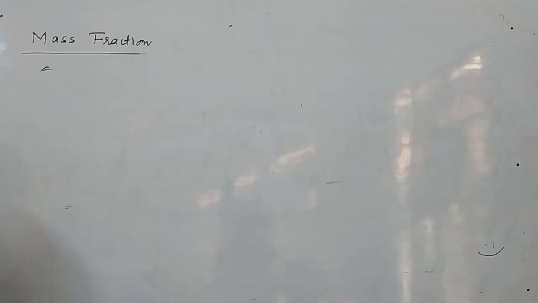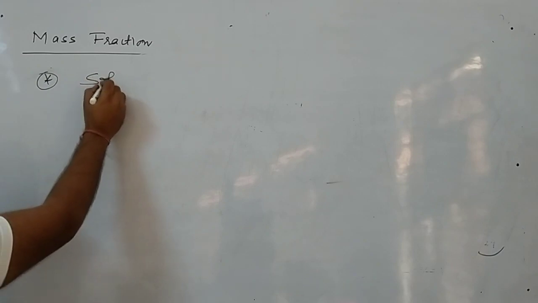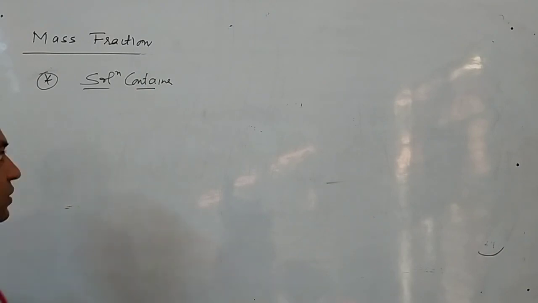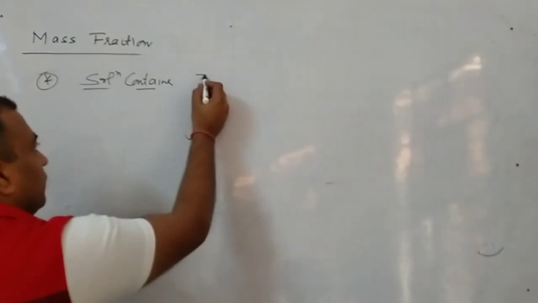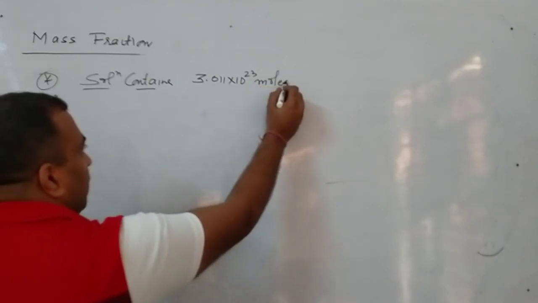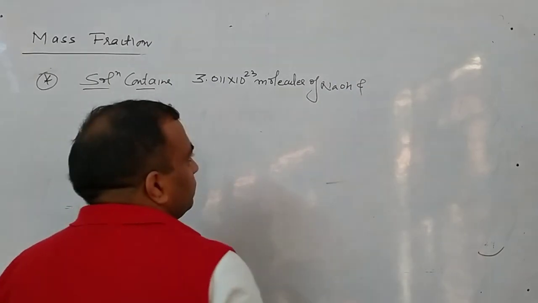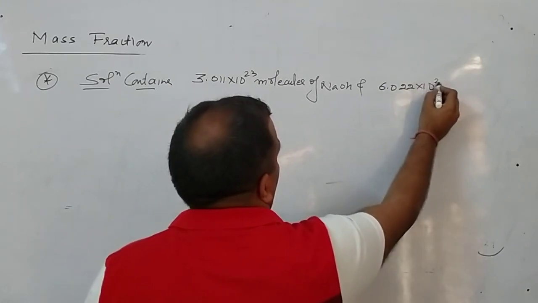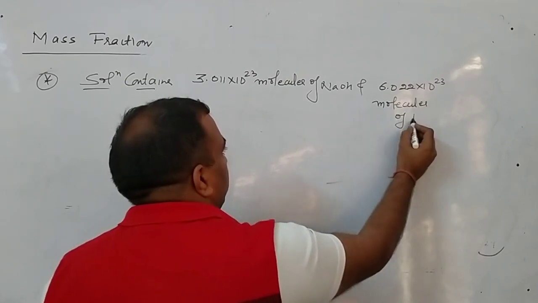A solution contains 3.011 times 10 raised to the power 23 molecules of NaOH and 6.022 times 10 raised to the power 23 molecules of water.